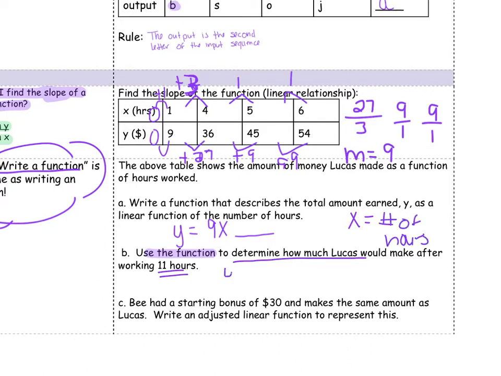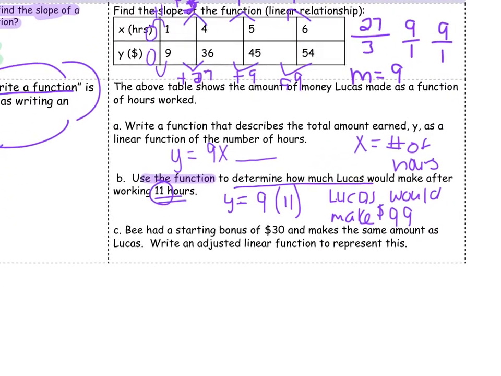So now I'm just going to use my function or my equation and put in the number of hours, which is 11. So after 11 hours, Lucas would make $99. All right.